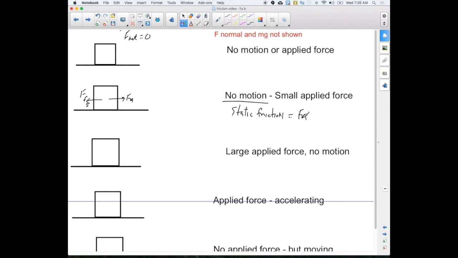Now, suppose I apply a larger force, but it's still not moving, and therefore my force of friction static is going to be equal and opposite. Force of friction static is still equal to the applied force.